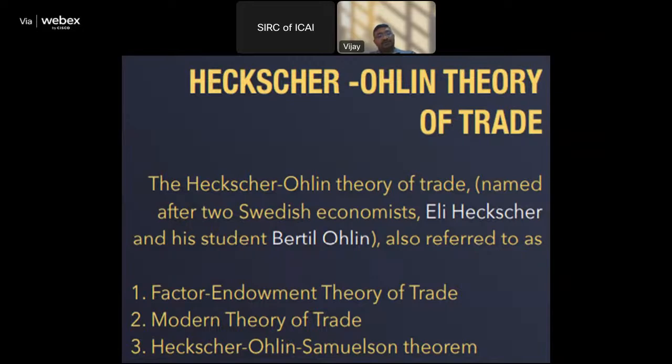Now, till now we used only one factor into account. Two nation, two goods, labor factor alone which has been considered. But in this Heckscher-Ohlin theory of trade, which is also called as factor endowment theory of trade, modern theory of trade, all are same. Here, I will consider two nation, two country, two product, two factors into account.